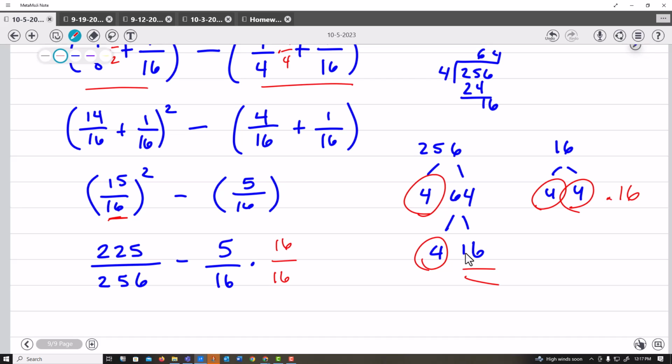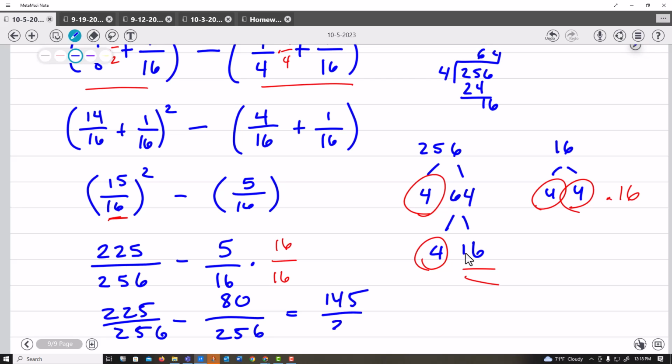And so now I get 225 over 256. I know the bottom is 256, and I know 5 times 16 is 80. Then 225 minus 80 is 145, and then over 256, which would be your final answer.